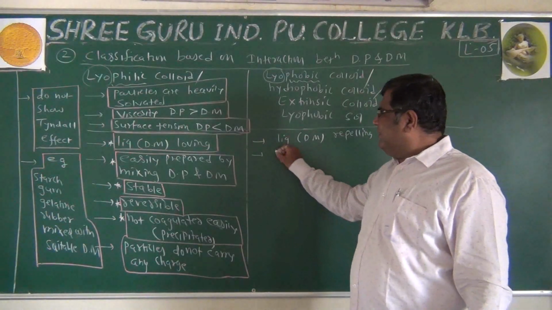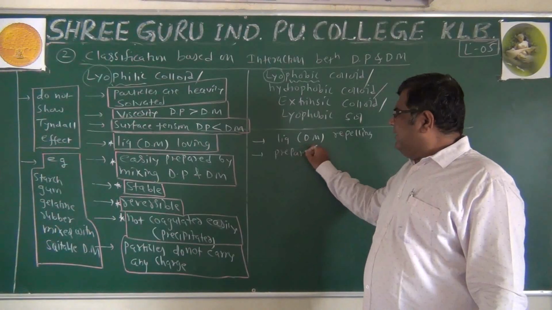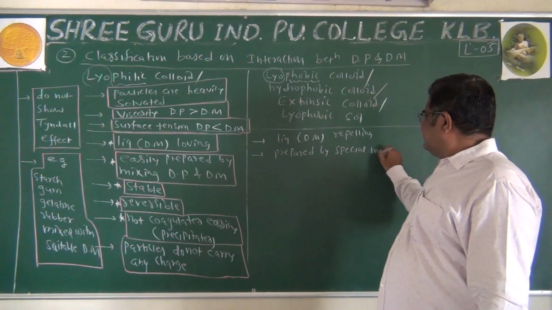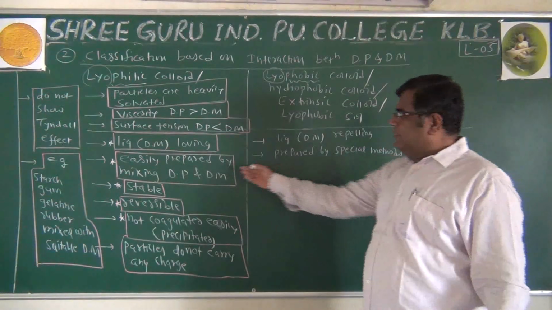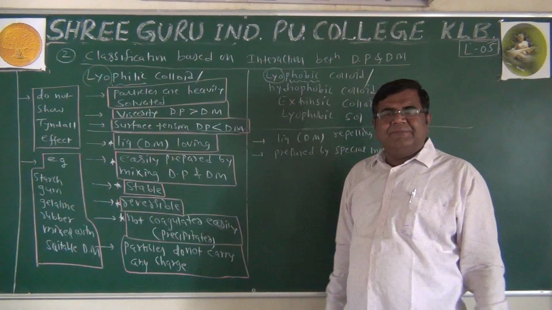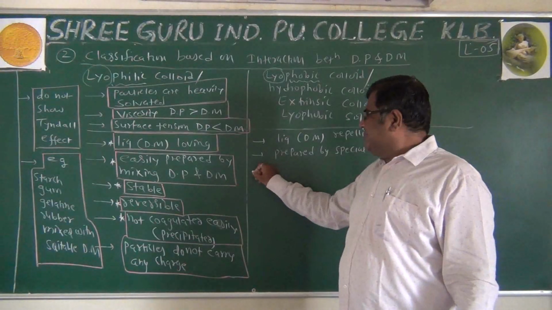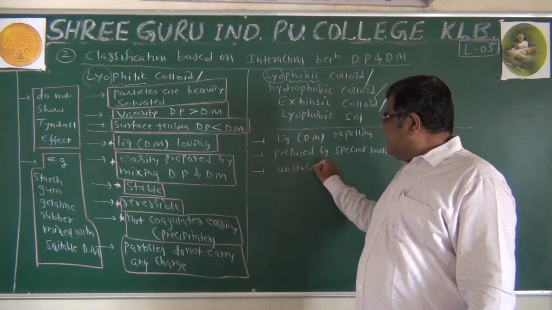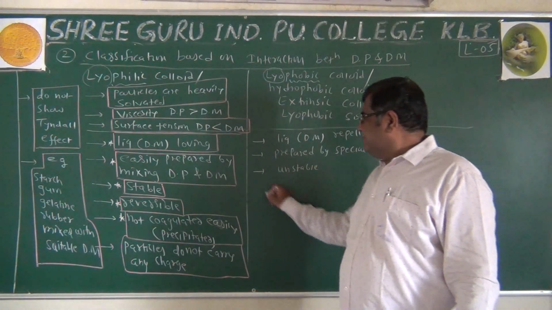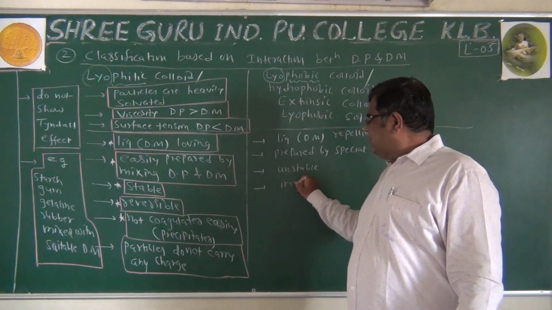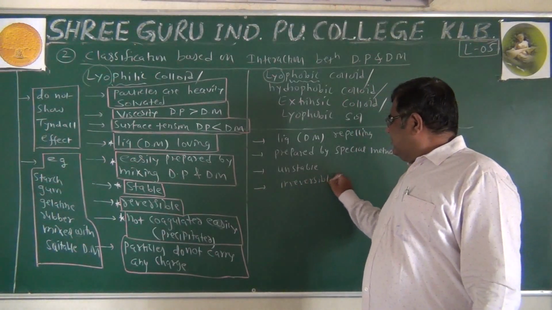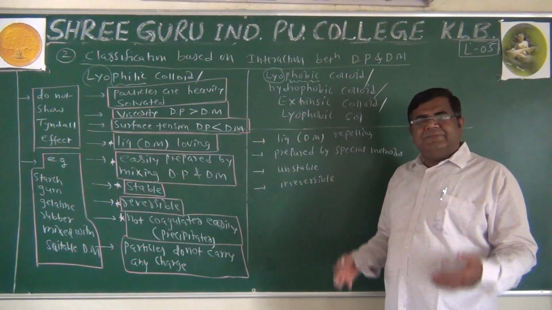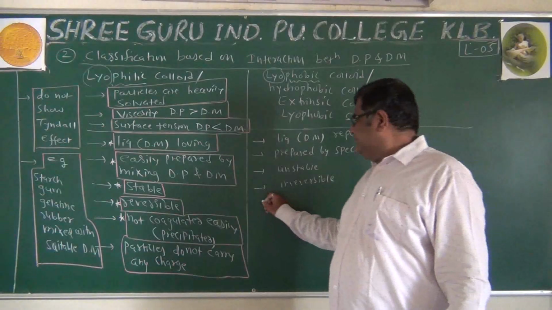As they are repelling, they are prepared by special methods, not just by mixing DP and DM. And as there is repulsion, they are unstable and irreversible, because DP and DM do not have strong interaction.